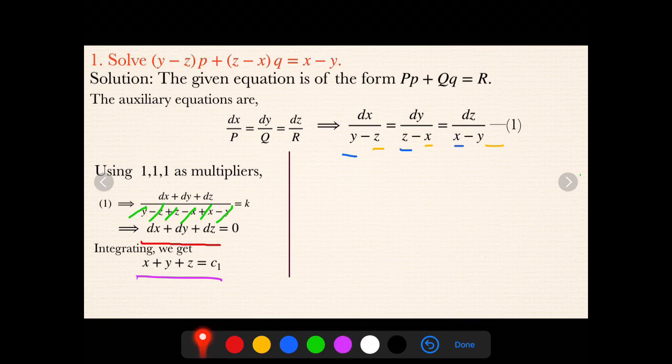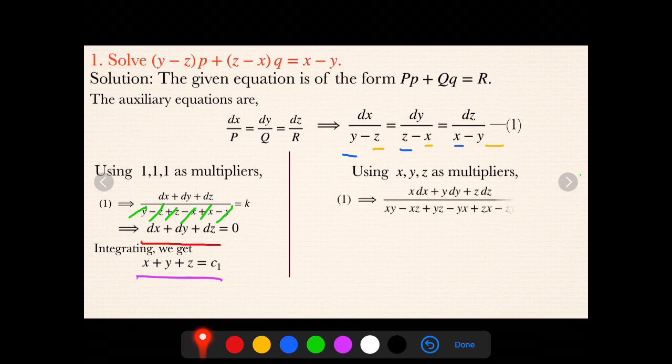So now I will choose the second multipliers as x, y, z. Multiply x to dx, y to dy, z to dz, and the denominator x into y minus z, y into z minus x, z into x minus y. If you observe here, plus xy and minus xy cancel, minus xz plus xz cancel, yz and yz cancel.